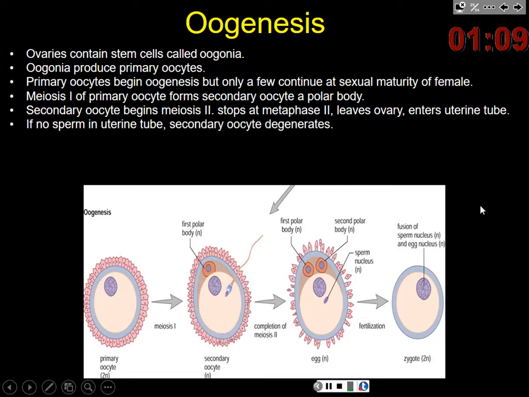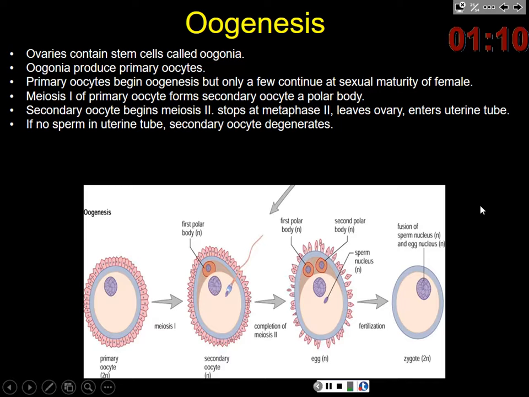If there is sperm present, it is the penetration of that sperm through the egg. Now, this is not fertilization. Fertilization is defined as the combination of the two nuclei. Once that sperm is there, the barrier is set up and no other sperm can enter.